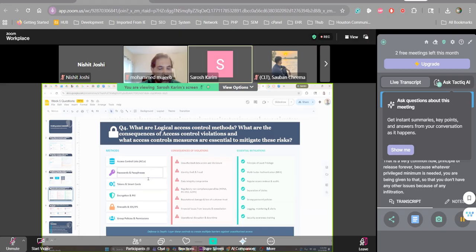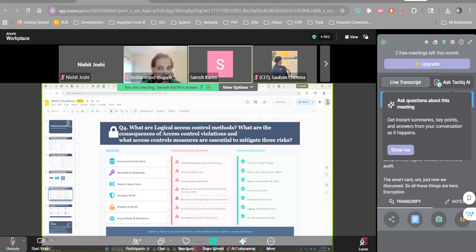Then password and passphrase, that we know, identity theft and fraud, and we implement multi-factor authentication for this. Token and smart card, data integrity compromise, regular access reviews and audit. The smart card, we just discussed. So all these things are here.